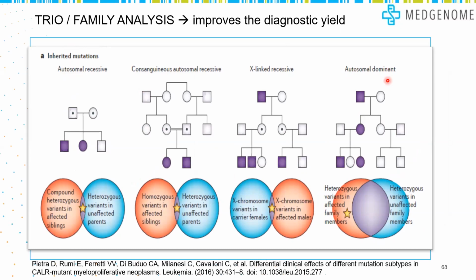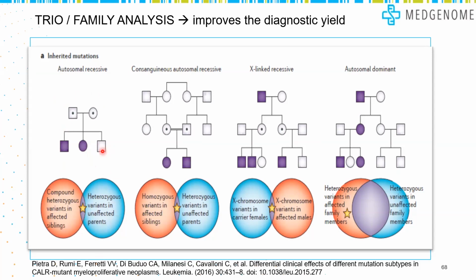In an autosomal recessive condition where there is no consanguinity and you have two affected members, when we do a combined analysis of both the affected, the unaffected, or the parents together, we have a confidence that we are searching for compound heterozygous variants in both the affected siblings, and the same variants should be present in heterozygous form in the unaffected parents, and possibly the unaffected person should not be having those variants.